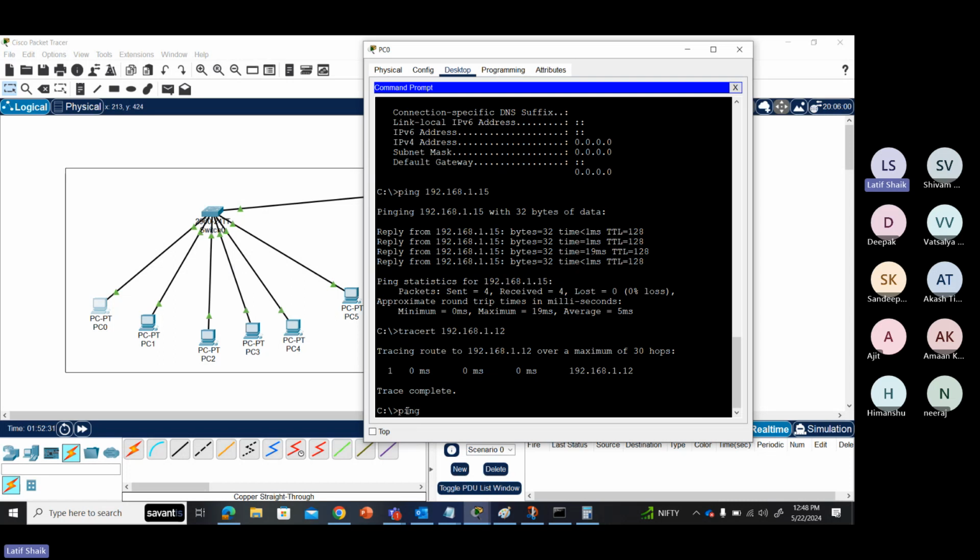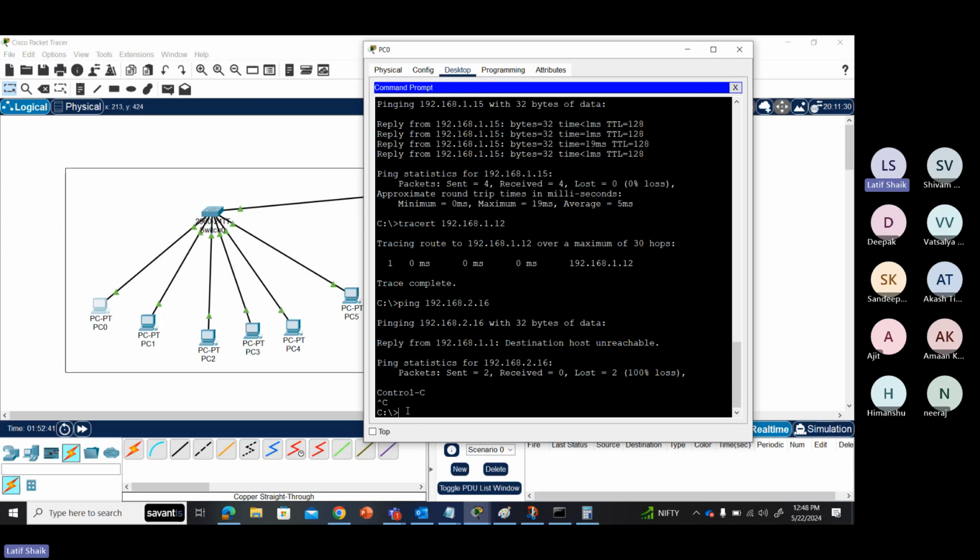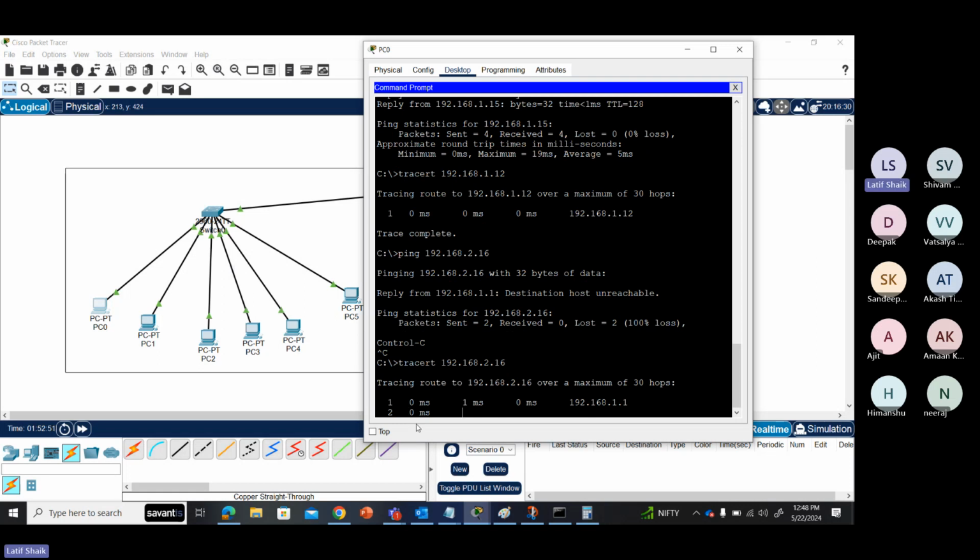If I try to ping something in a different network, what does it show? It won't reach. Where did it go first?